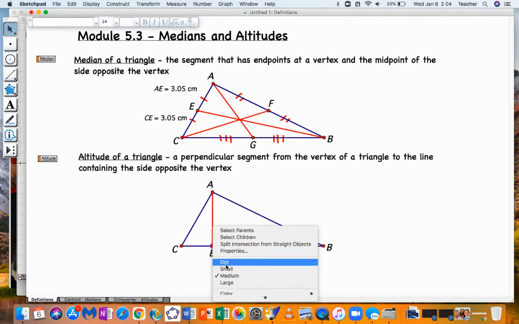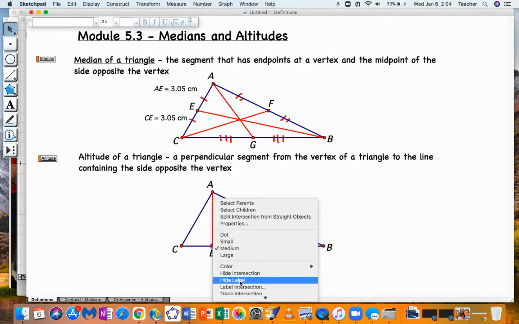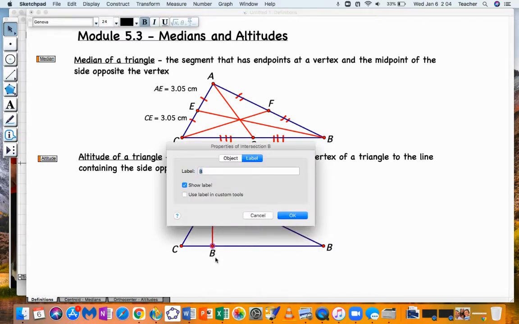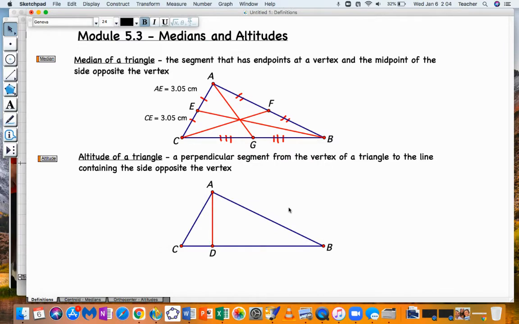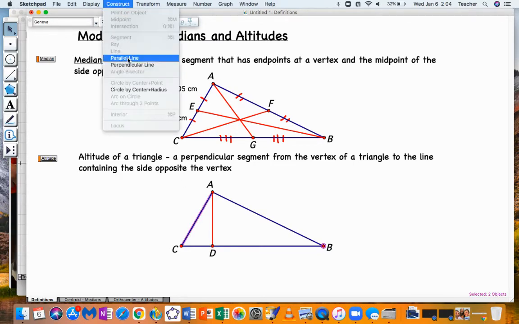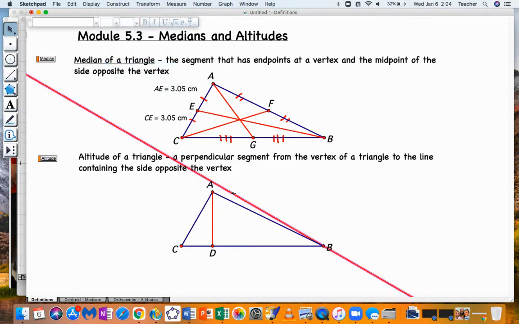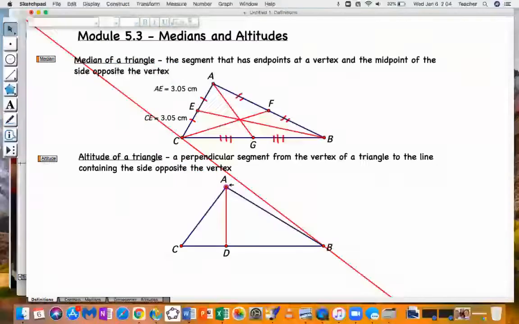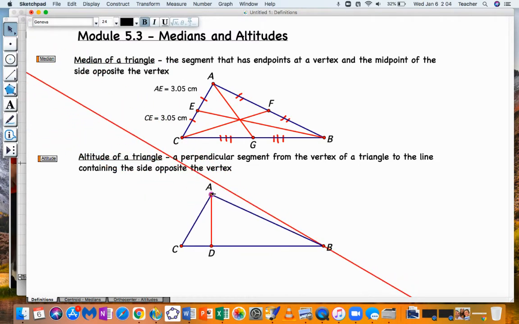We're going to label this point something else. Now if I do that to all three, we'll go from B and draw a perpendicular line to the opposite side. Well, that's a little off, and we'll talk about why later. But that would be the altitude of that one.